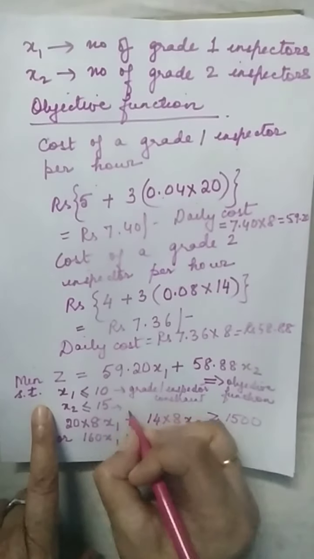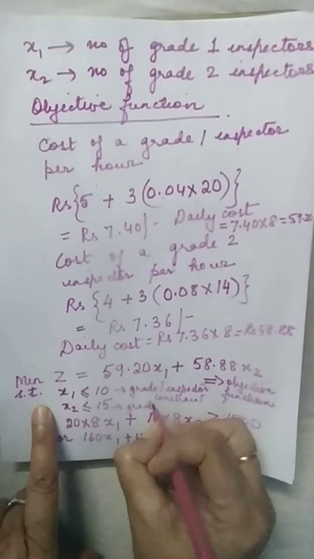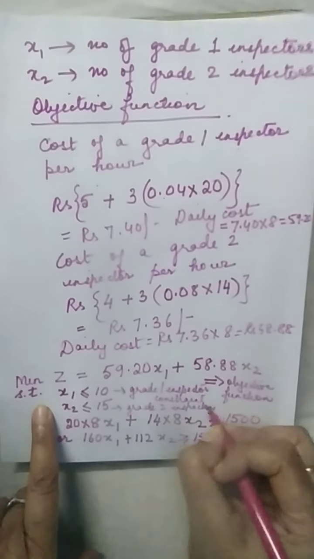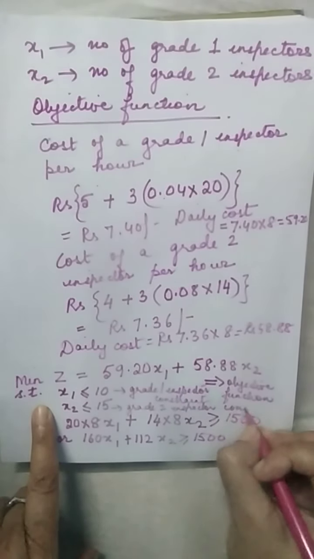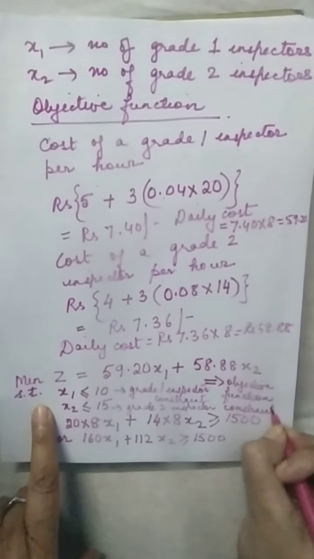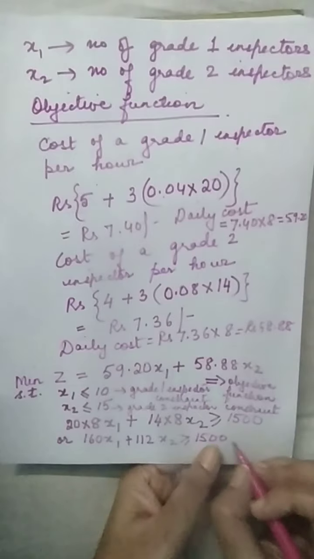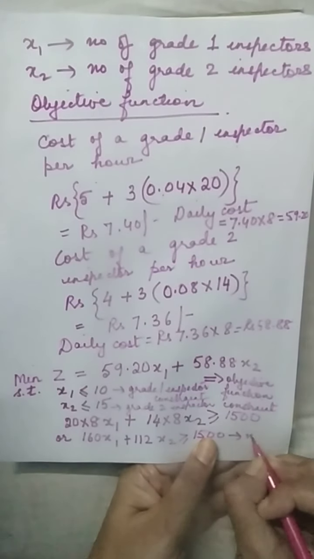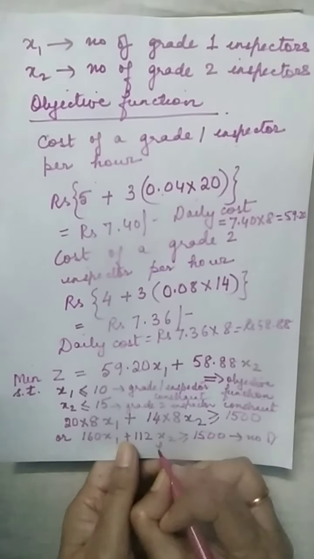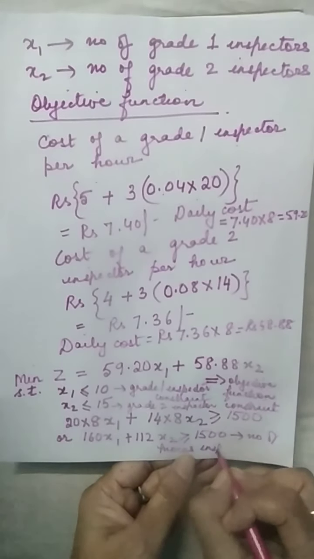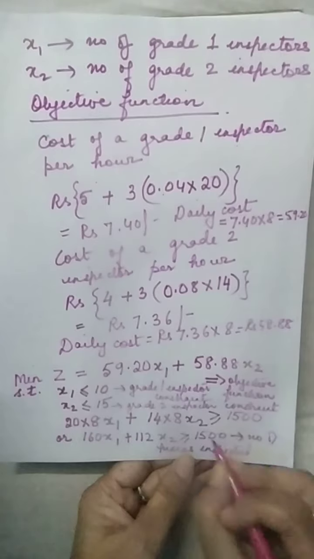This is my grade 2 inspector constraint. And finally, this is my number of pieces inspected constraint.